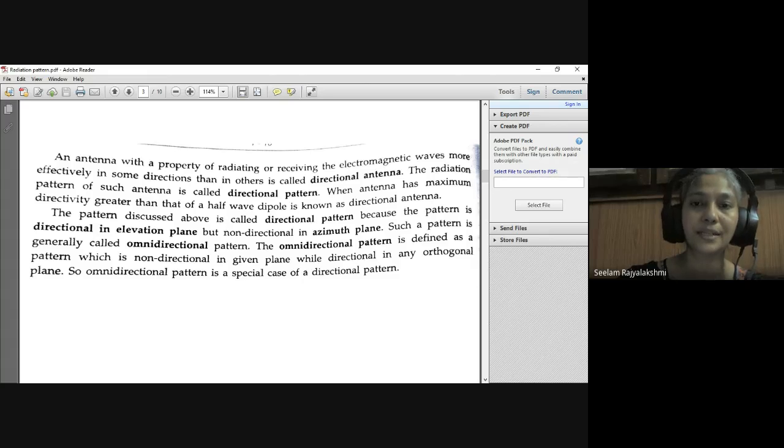The pattern of such an antenna is called a directional pattern. When an antenna has maximum directivity greater than that of the half wave dipole, it is known as a directional antenna.